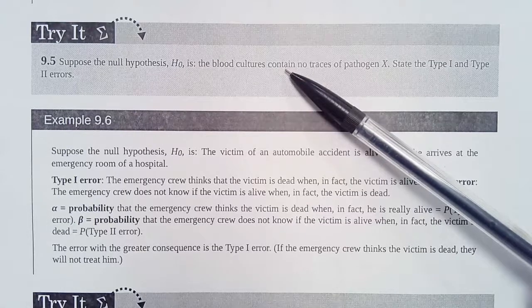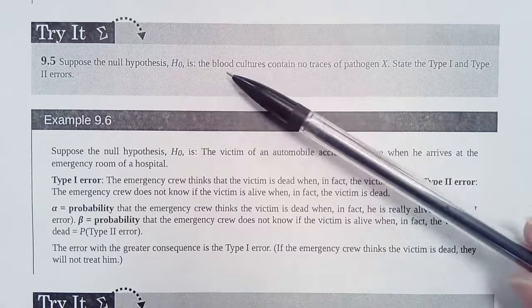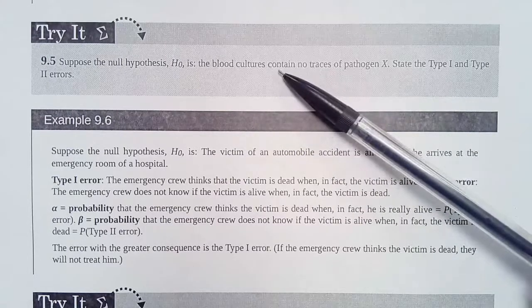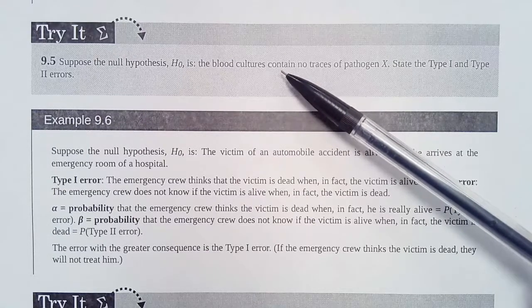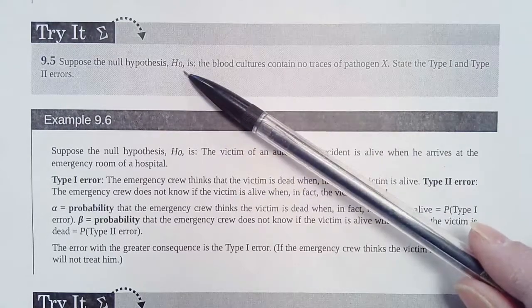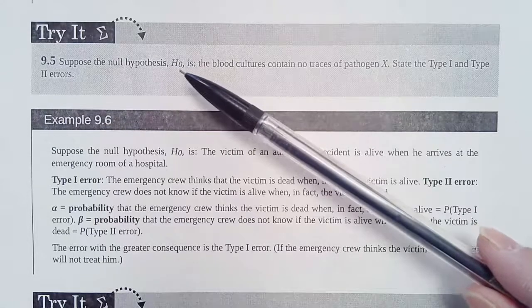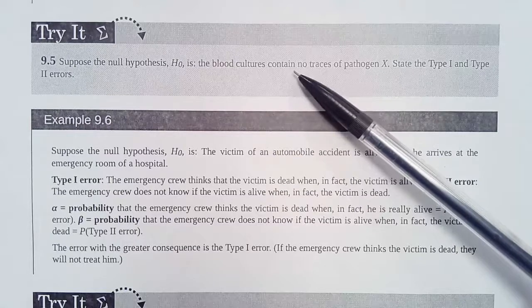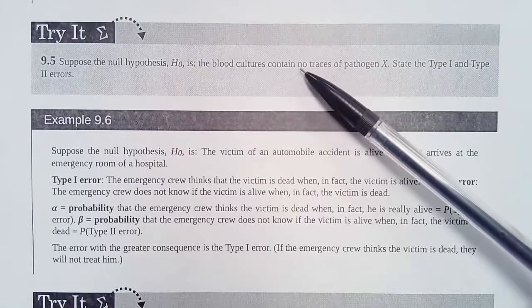So the null hypothesis is the blood culture contains no traces of pathogens, but we reject that hypothesis, even though the hypothesis was true. So saying that the null was correct and then rejecting that. In this case, that would be saying that there are traces of pathogen X.